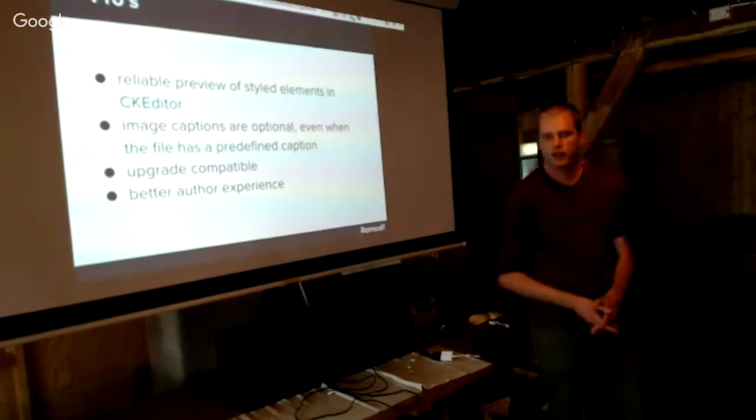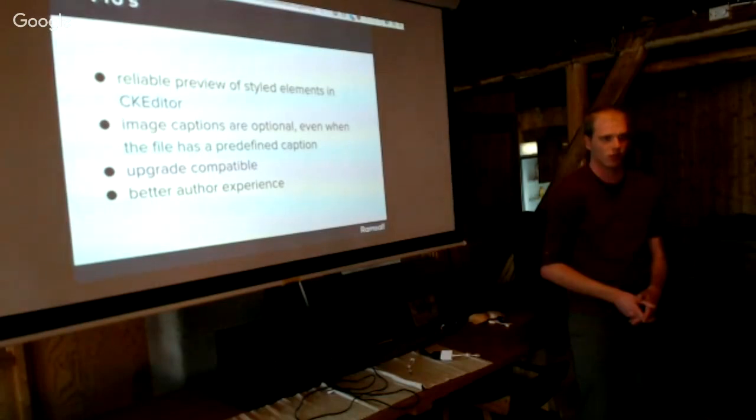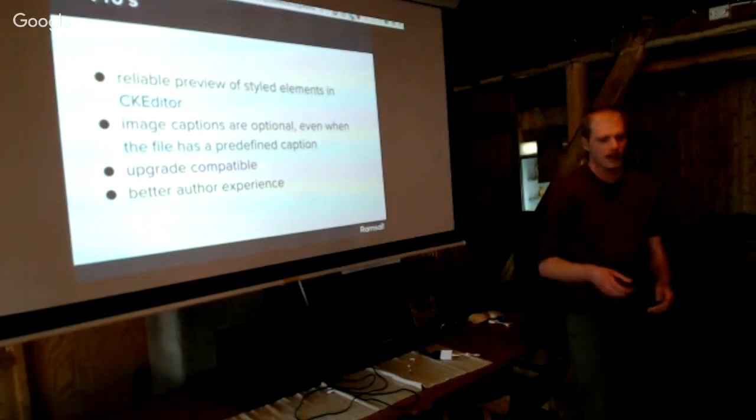Another reason for switching to this approach is that at that point of time, we were often struggling with broken media upgrade paths. That was a big problem at this time, that a lot of Alpha 1, Alpha 2, Alpha 3, it was not completely upgrade compatible.